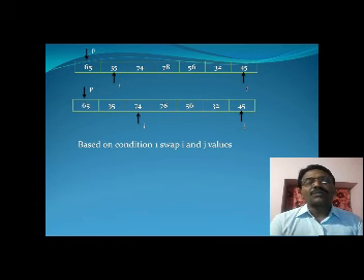I represents the first element after the pivot, a of 1, which is 35, and j represents the last element index, that is 45.